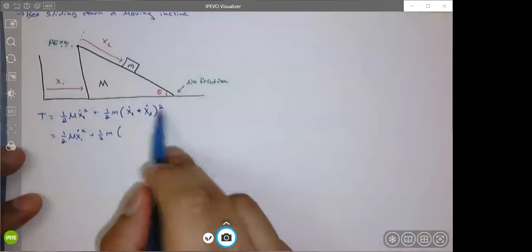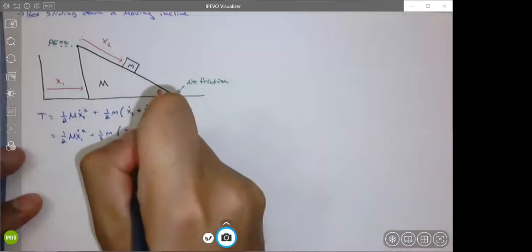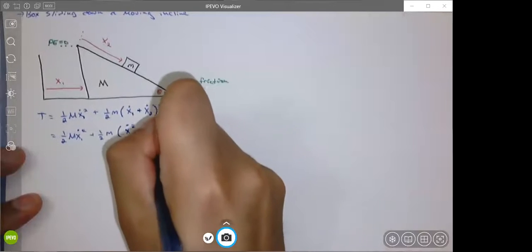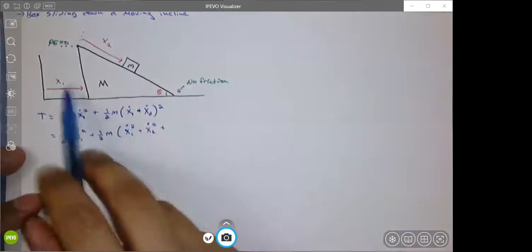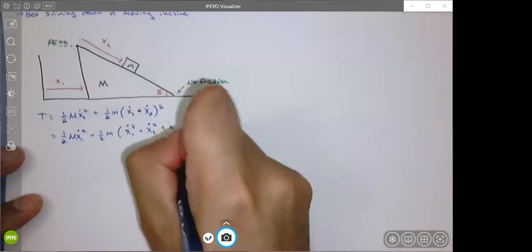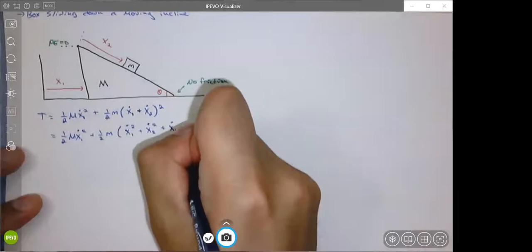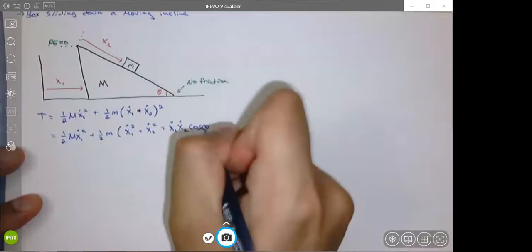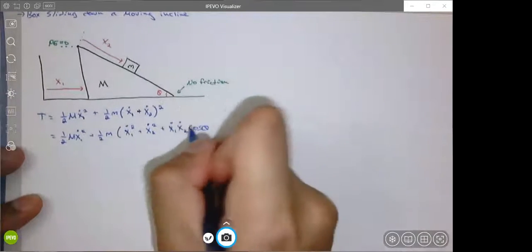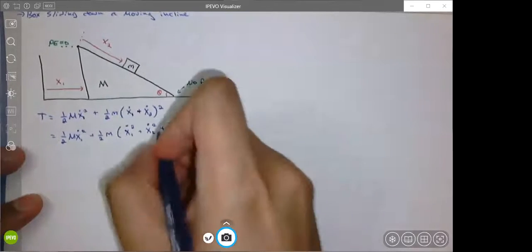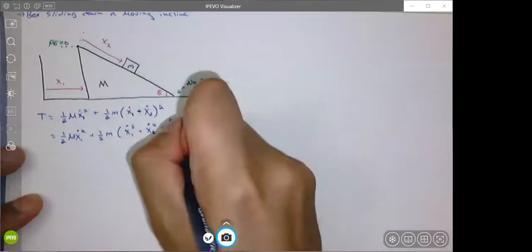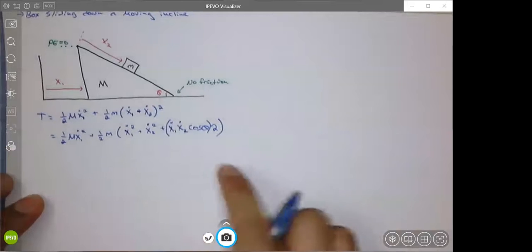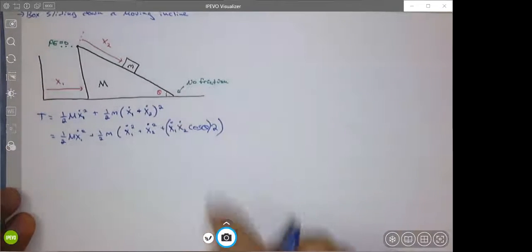Now we have to square this, so it's going to become x1 dot squared plus x2 dot squared plus, when you take the dot product of these two, it'll be x1 dot x2 dot cosine of theta. And I'm forgetting a 2 here because you have two of these. So where can I fit that 2? I'll just do this. Times 2. Okay, so that's what we end up with for the kinetic energy, and later I'll bring the 2 into the front.